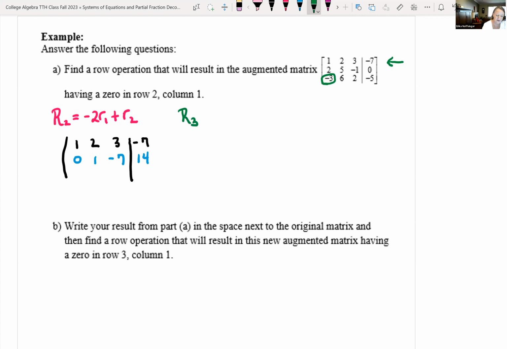So my new row 3, I'm going to get by looking at, well, 3 times 1 is 3, and then the -3 below will give me that 0 I want. So 3 row 1 plus row 3 is going to give me my new row 3. So 3 times 1 is 3, plus a negative 3 gives me 0. Move to the next entry in the first row. So 3 times 2 is 6. 6 plus 6 below gives us 12.